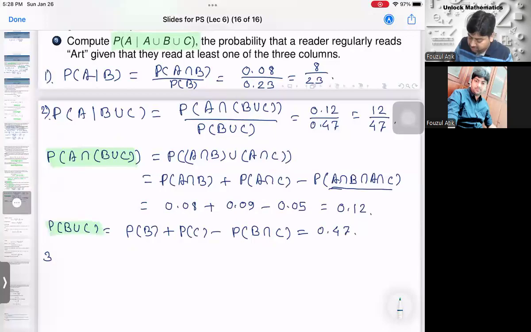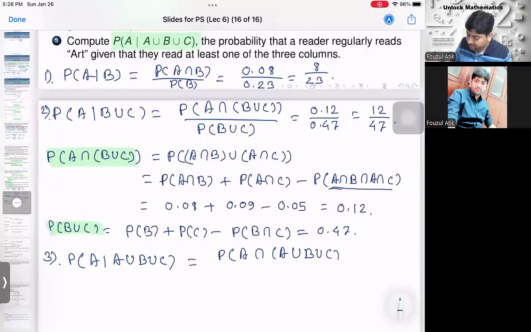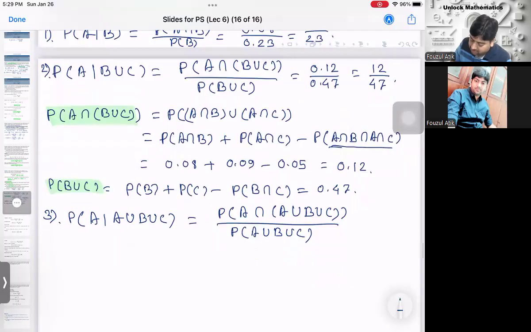Now we are going to do number 3, which is P of A given A union B union C. We know the formula. It is P of A intersection A union B union C divided by P of A union B union C. Conditional probability.